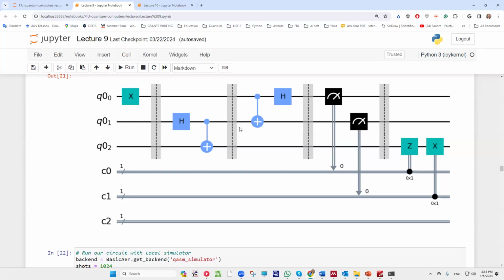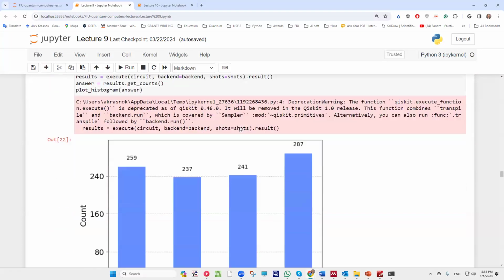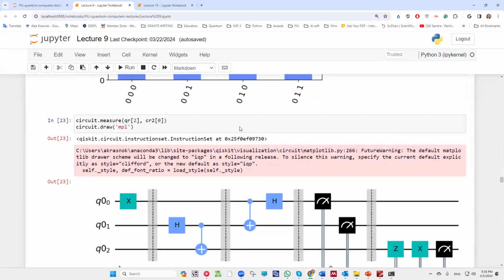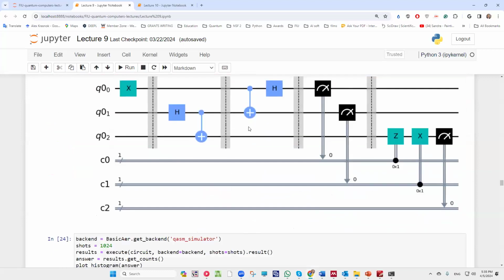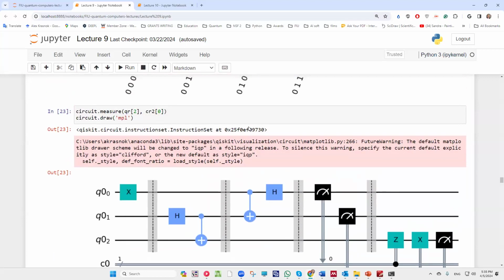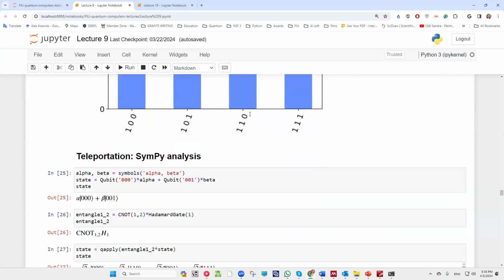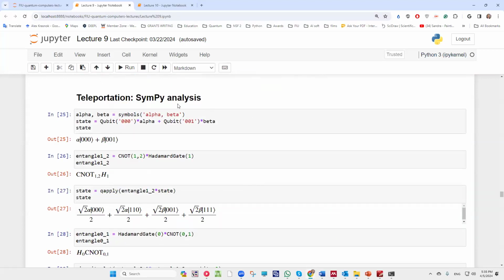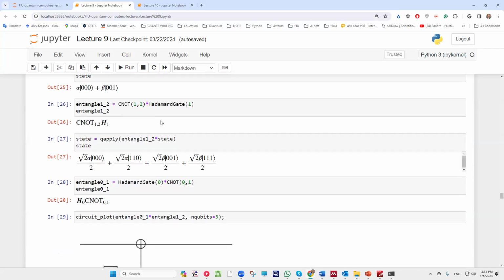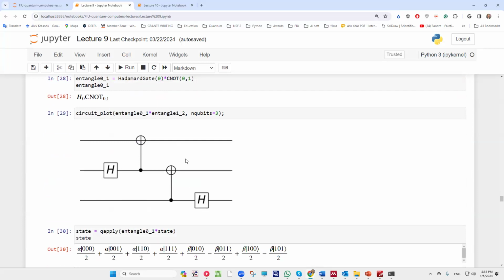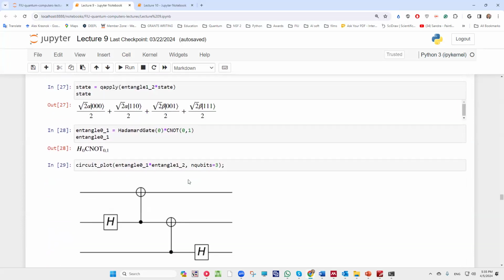Okay, so this is the teleportation. I encourage you to read about this. We also discussed this algorithm using SymPy quantum. Here the procedure is exactly the same.